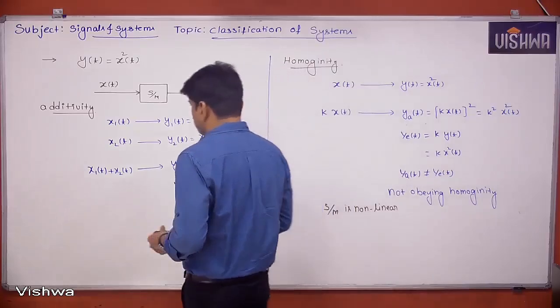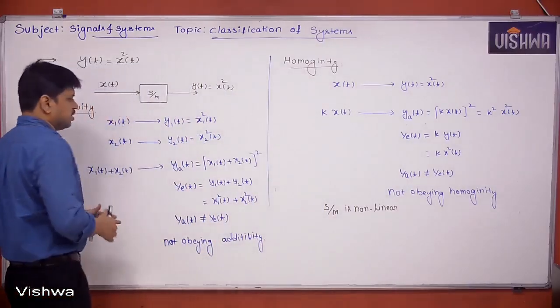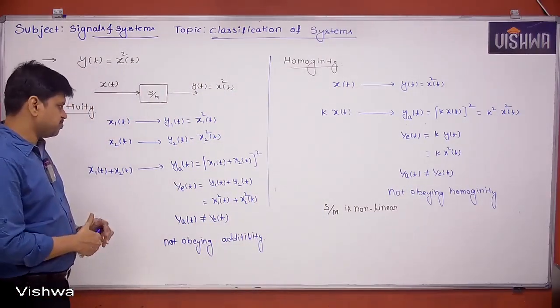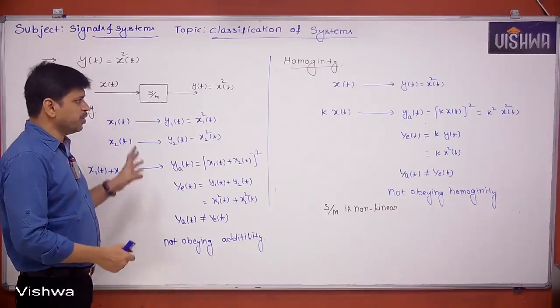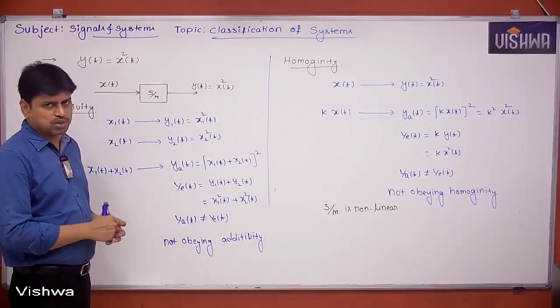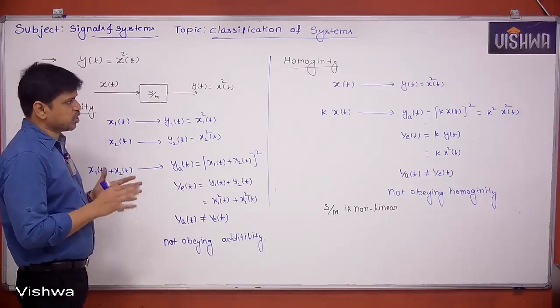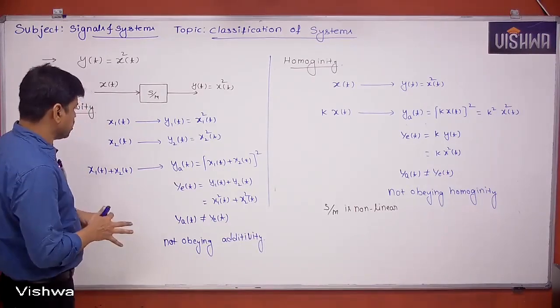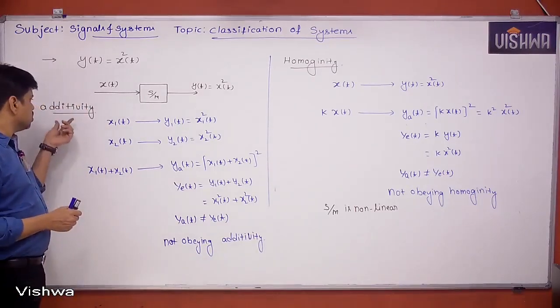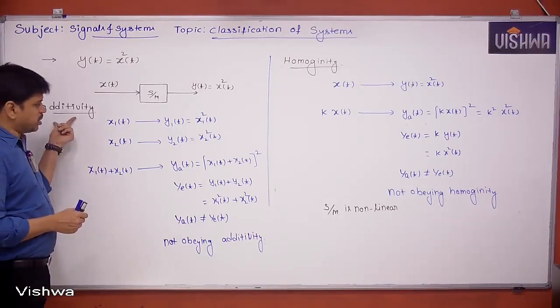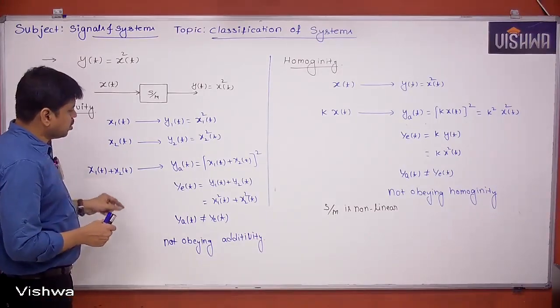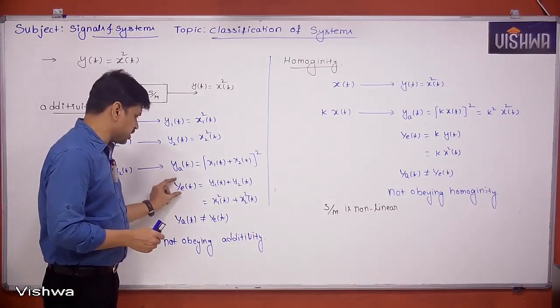So this is the way we can say whether the system is nonlinear or not. But in general, we don't do this much of an exhaustive process. Let's see the simple way how we can check additivity and homogeneity, whether they are satisfied or not. Listen carefully. To check the additivity principle, we require the actual output and the expected output.